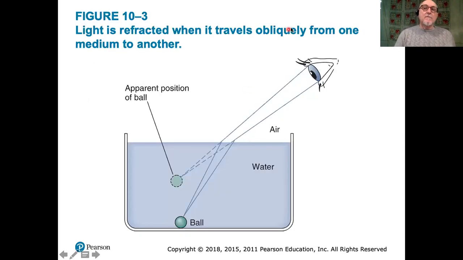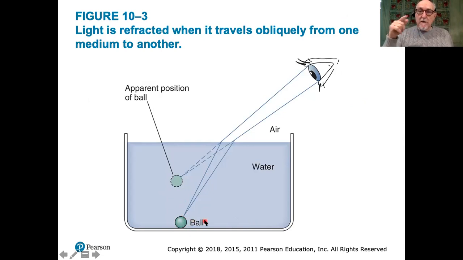This is what I mean by the light actually bending. So let's just say here we have a relatively dense medium, it's water, and we have an object sitting in the water.